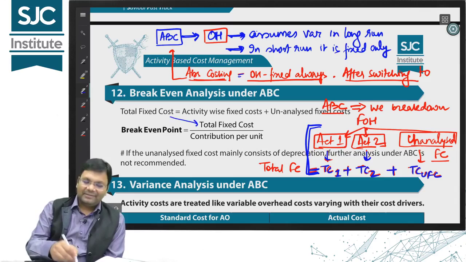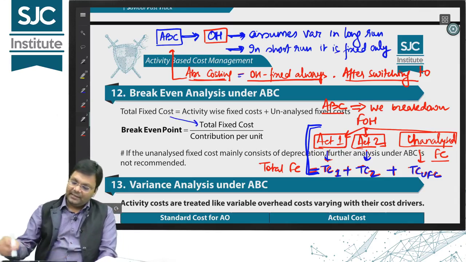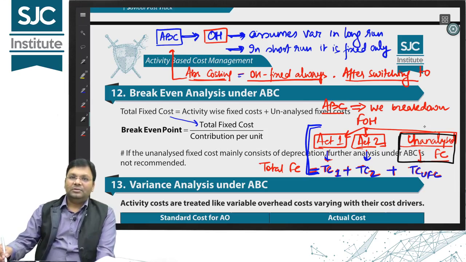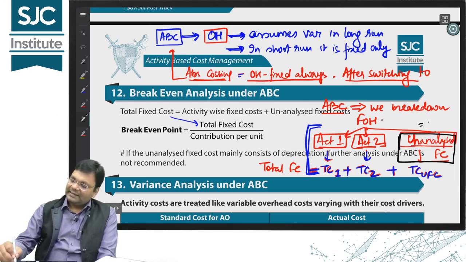Many times it happens that in a question it may say that this unanalyzed fixed cost is a certain amount. For example, say here it was 10 lakh and still unanalyzed fixed cost is rupees 7 lakh. Say in that question it is written that unanalyzed fixed cost is rupees 7 lakhs.